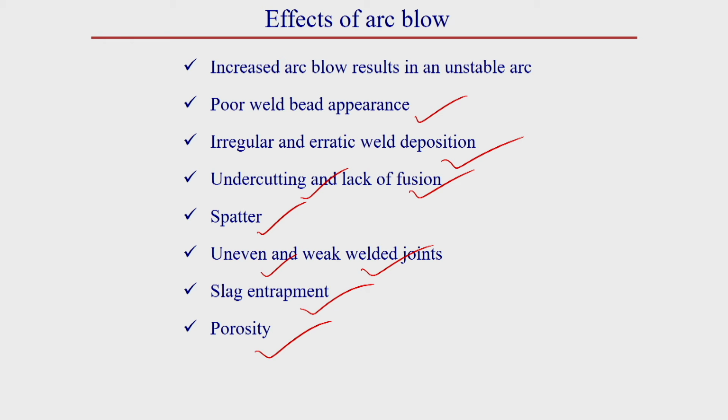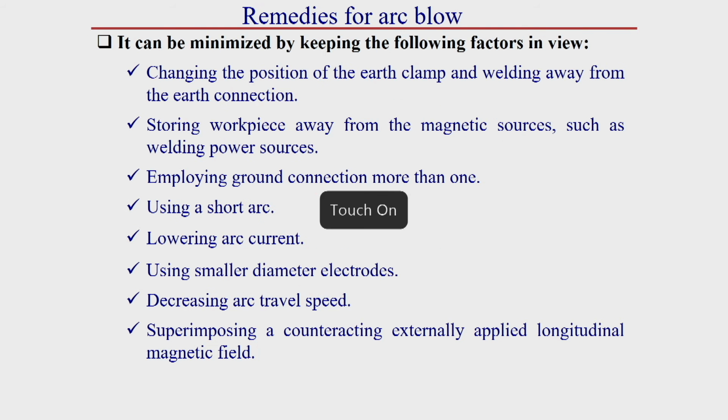Now, how to eliminate or minimize this arc blow? We should know the remedies for arc blow. It can be minimized by keeping the following factors in view. If we follow these factors, then we can minimize or eliminate the arc blow.